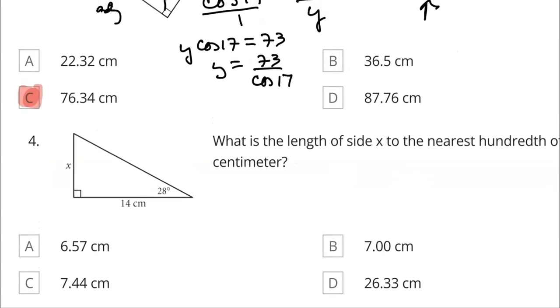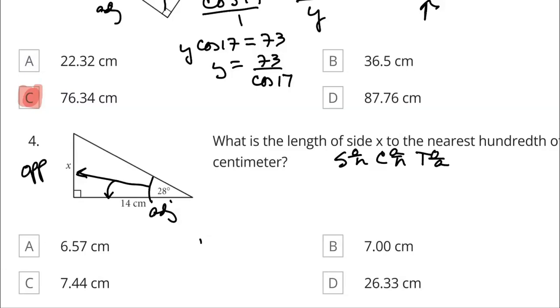Okay, next one. What is the length of side X to the nearest hundredth of a centimeter? Look at where side X is. I've been given one angle, the 28. Across from the 28 is the opposite. Touching the 28 but not being the hypotenuse is the adjacent. SOHCAHTOA, and you should be writing this all the time, tells me that if I have opposite over adjacent, I can use tan.